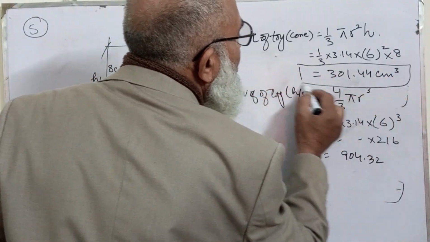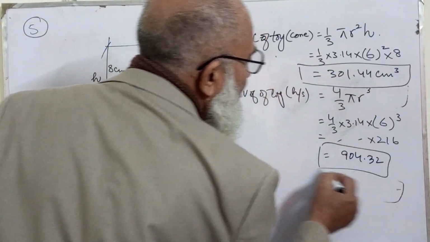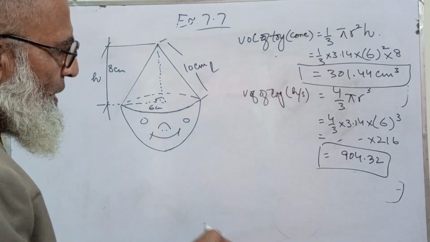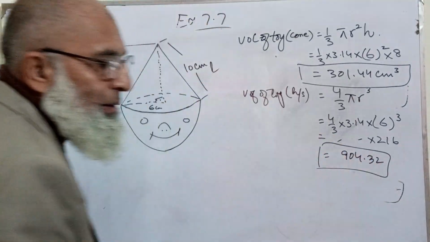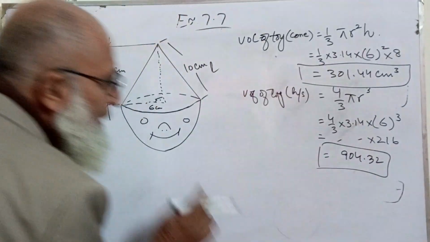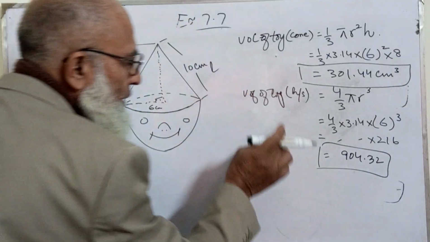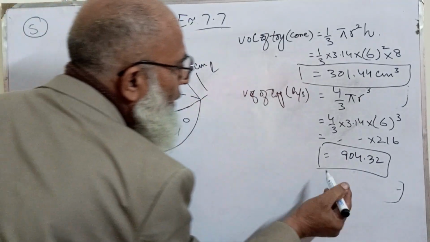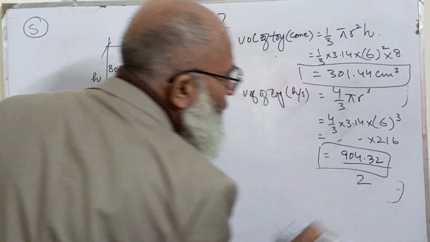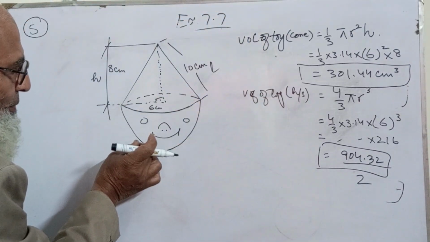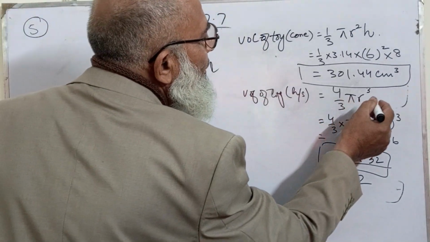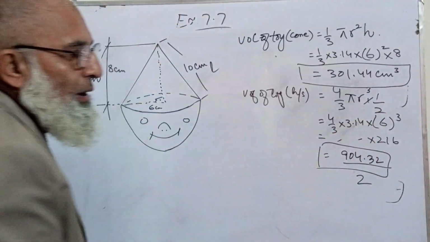Now, what was your first answer? This was your first answer, and this is your second answer. But you see that this answer is for the full sphere. We need to have it divided by 2 because it is a hemisphere, or you can just do it straight at the beginning.